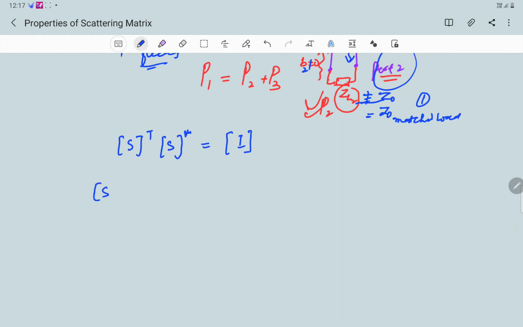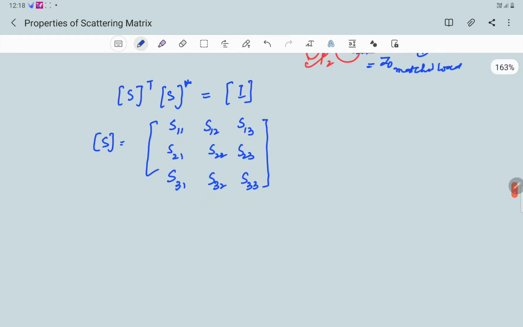Let S be a 3 cross 3 matrix, meaning that we have a 3-port network: S11, S12, S13, S21, S22, S23, S31, S32, S33. This is our S matrix.